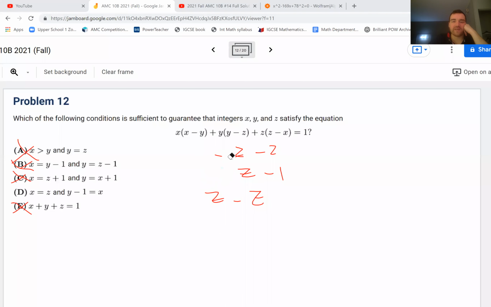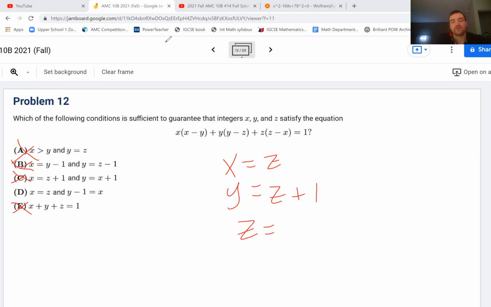So let's just show why D is true. Let me convince you that D is the true situation. What we have is x is z. Y minus 1 is x, which means y is x plus 1, which means y is z plus 1. And then z is z. So let's plug those in.